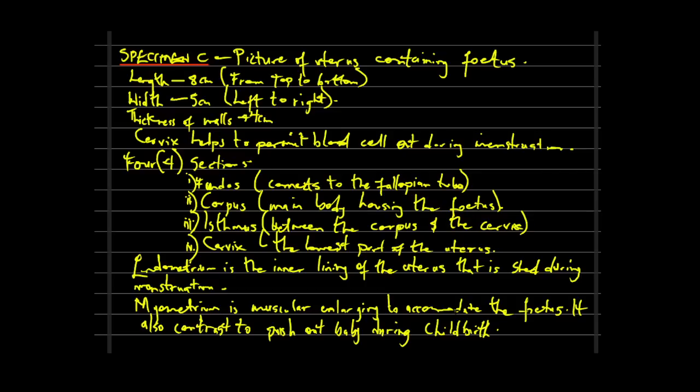So those are the things we talked about. We made mention of the functions of the uterus for pregnancy, for fertility, as well as menstruation. So those are the stages.